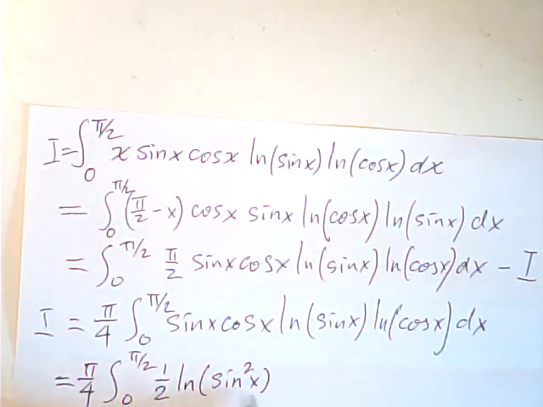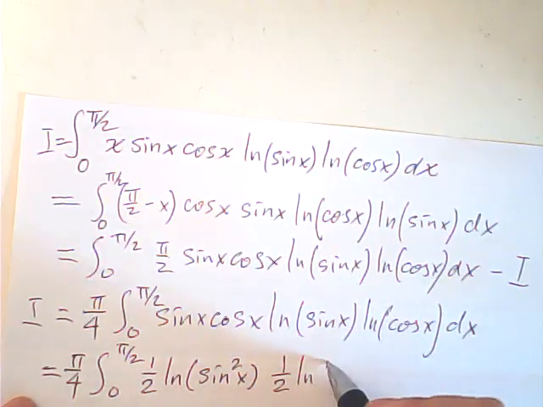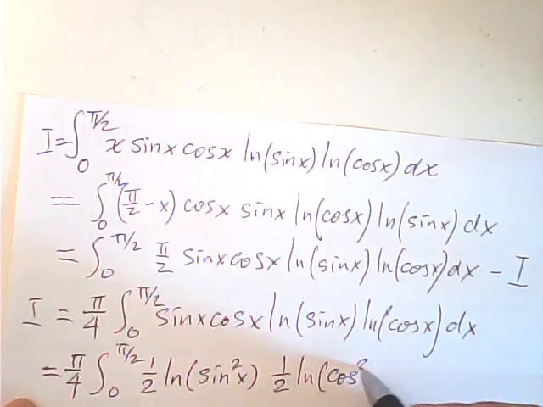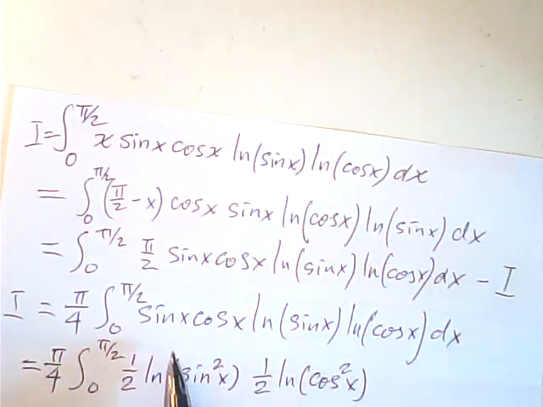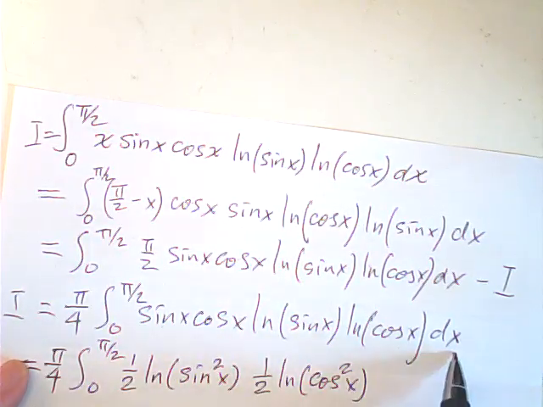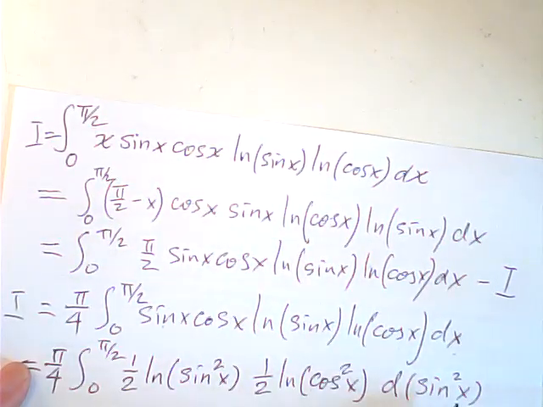This is log sine x, no difference. This one is the 1/2 log cosine square x, right? Sine x dx, cosine x dx could be written as a d sine square. This was a 2 sine x cosine x, so I multiply half.